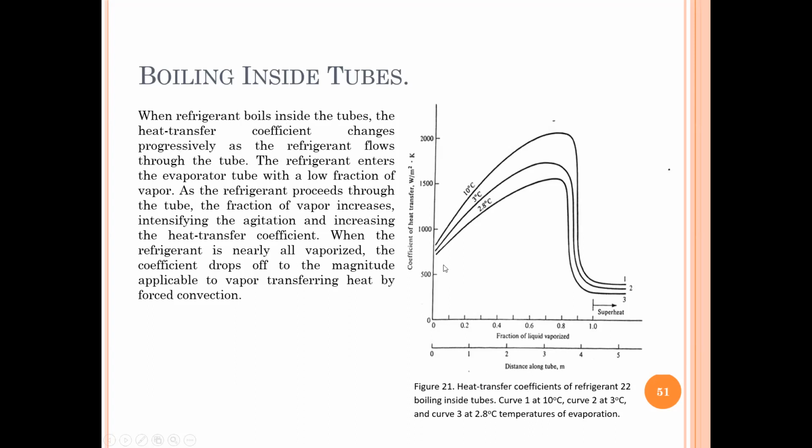As the refrigerant proceeds through the tube, the fraction of vapor increases, intensifying the agitation and increasing the transfer coefficient. When the refrigerant is nearly all vaporized, the coefficient drops off to a magnitude applicable to vapor transferring heat by forced convection. So the coefficient varies along the tube.